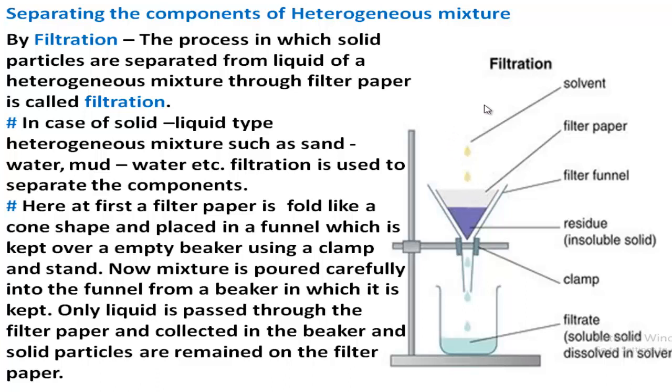The filter paper is actually round, but by folding it we make it cone-shaped to place in a funnel. After folding the filter paper into a cone shape, we place it in the funnel, and now when we carefully pour our heterogeneous mixture, that is sand water mixture or mud water mixture, what will happen?